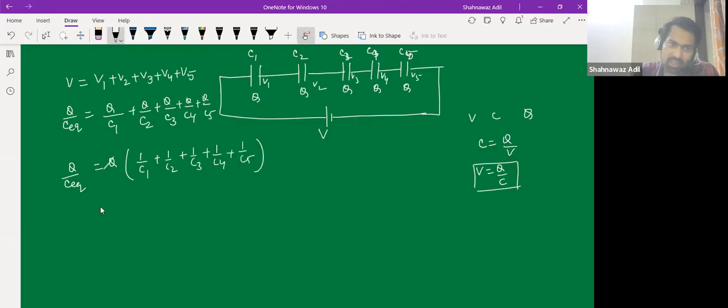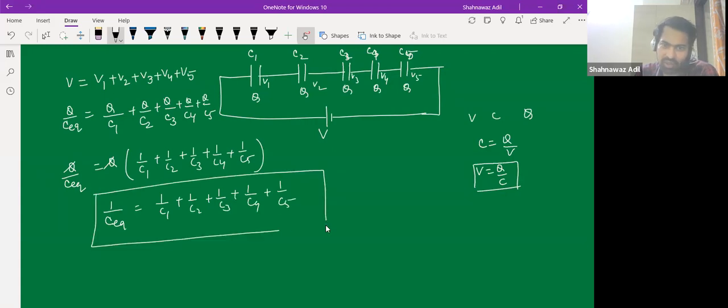So we can cancel this one, and the C equivalent would be 1 by C1 plus 1 by C2 plus 1 by C3, C4, and C5. So in series combination, this is the effective capacitor. Understood, guys? You have already done this, but yeah, just the revision of that.